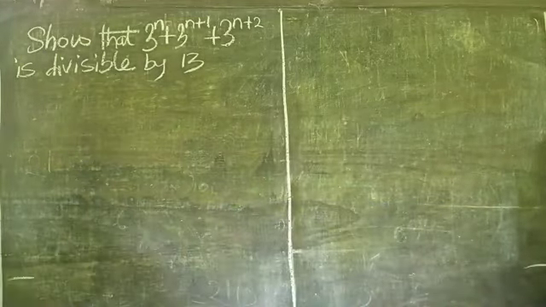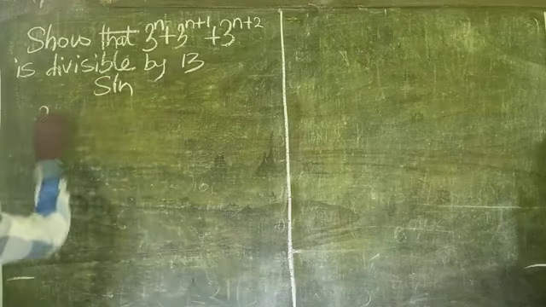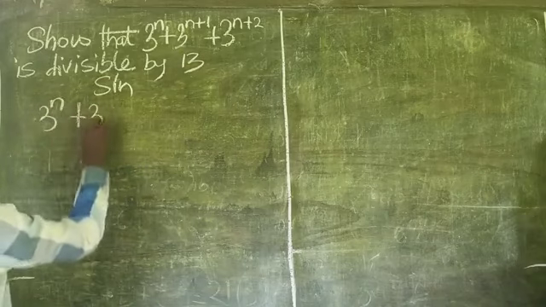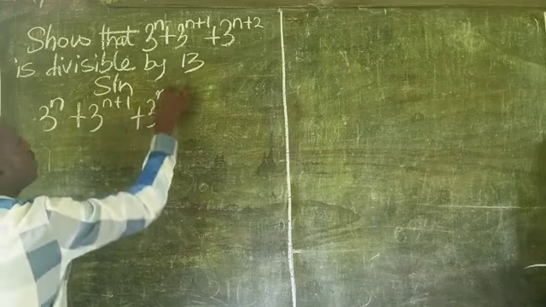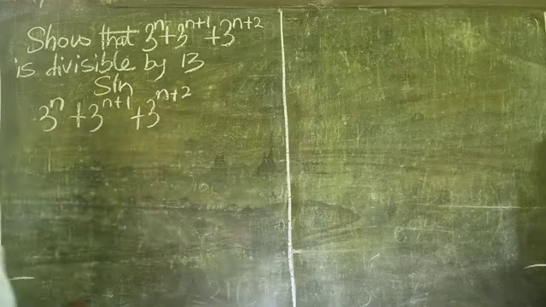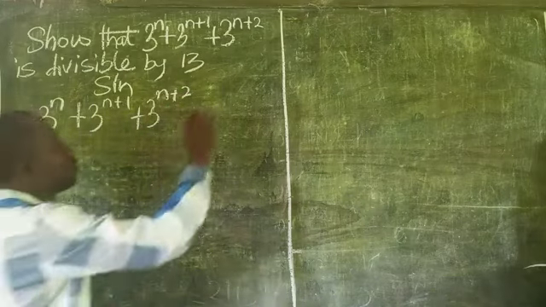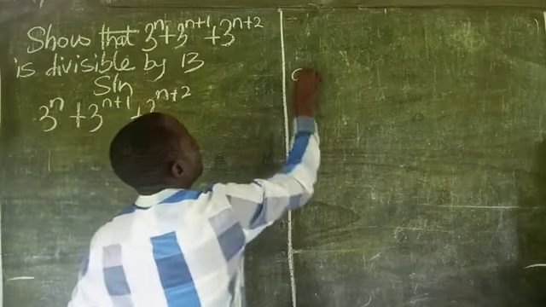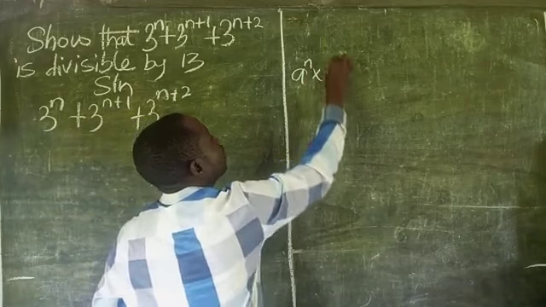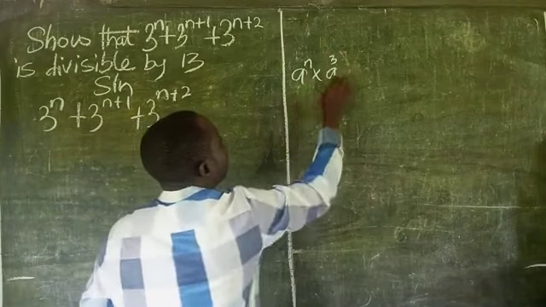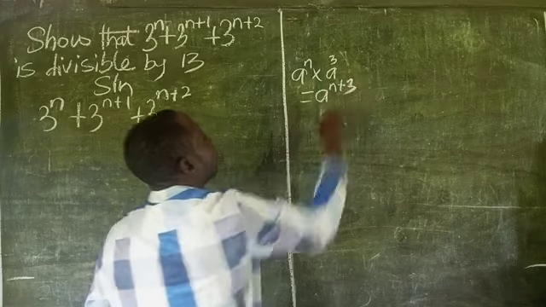All right, so we are going to say solution: 3 to the power of n plus 3 to the power of n plus 1 plus 3 to the power of n plus 2. If you remember, the law of integers says a raised to power n times a raised to power 3 is equal to a to the n plus 3.